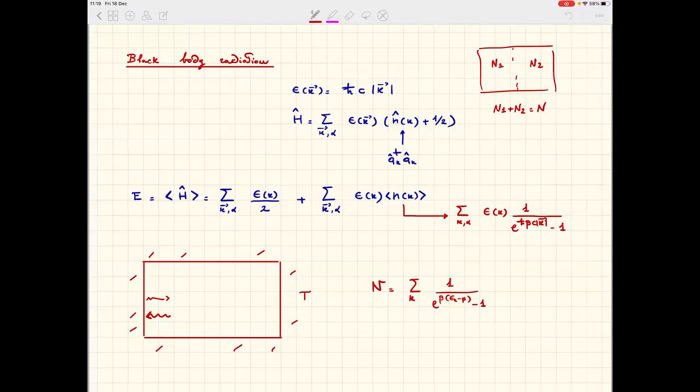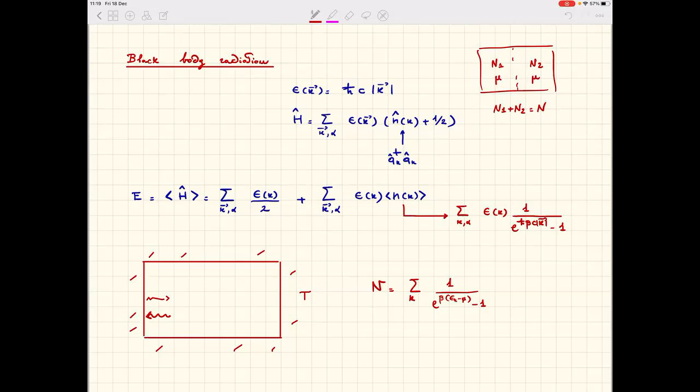And then how do I fix how many particles I have in one and two? The condition of equilibrium is that the two chemical potentials are equal. If I have the same species, of course; if I have different species and chemical reactions, it's a completely different story. Okay? What I'm saying is that for photons, the conservation of the number of particles is absent.